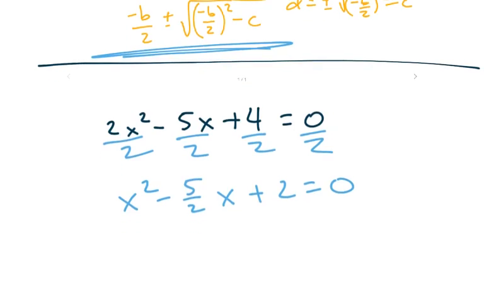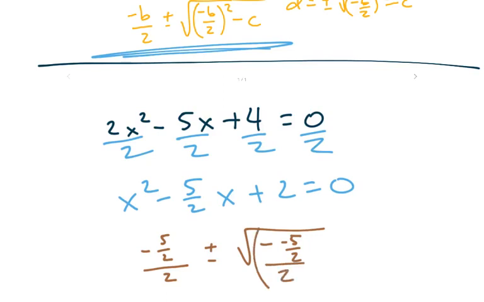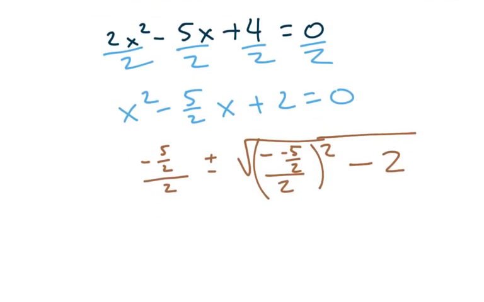Okay, so if my formula is negative b over 2, it's going to be negative 5 over 2, all over 2, plus or minus the square root of negative 5 over 2 squared minus 2. And this cleans up, because the 2 here goes down here.